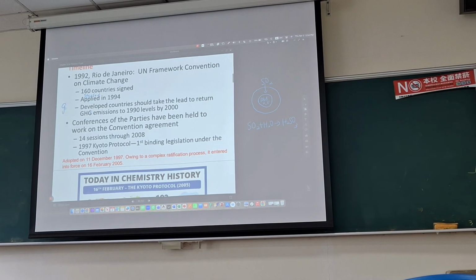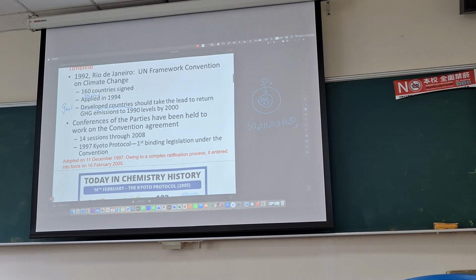And this is the goal: developed countries should reduce greenhouse gas emissions to the 1990 level by the year 2000. Keep that in mind.